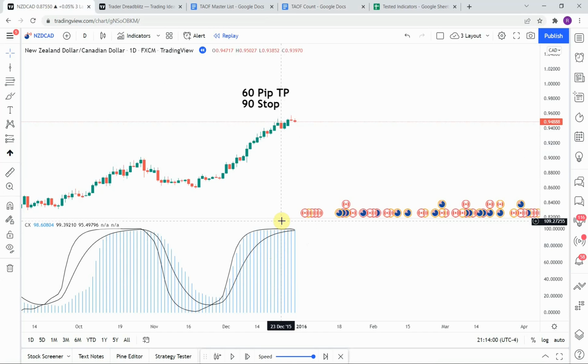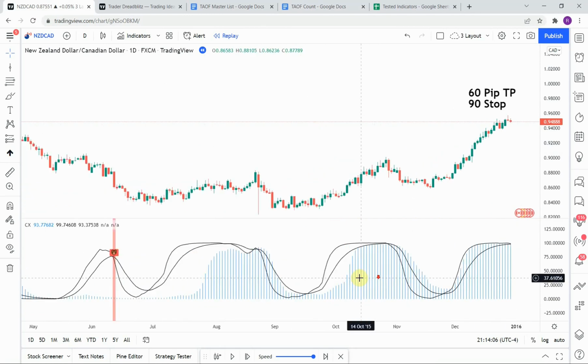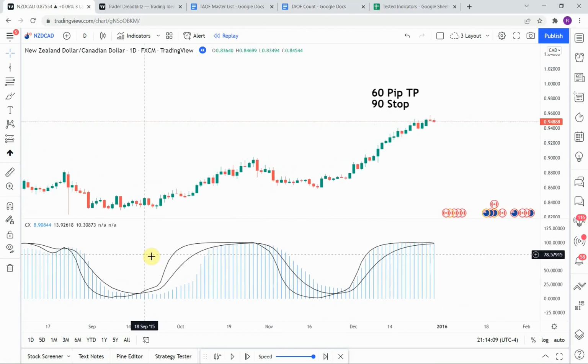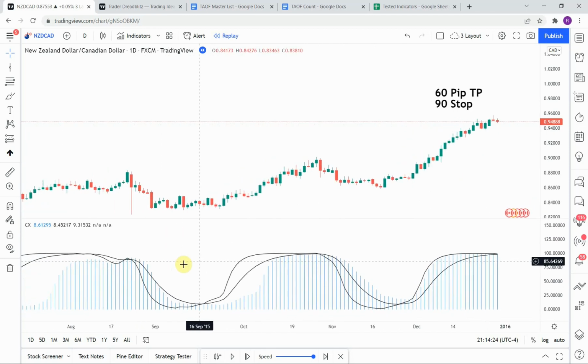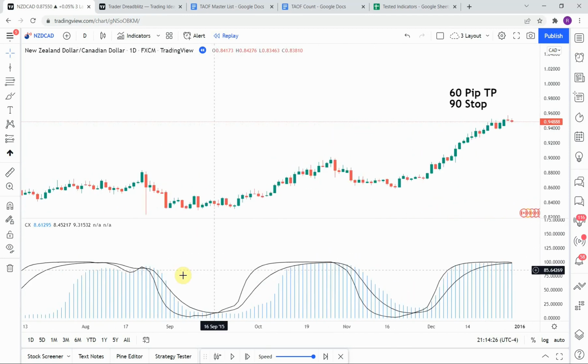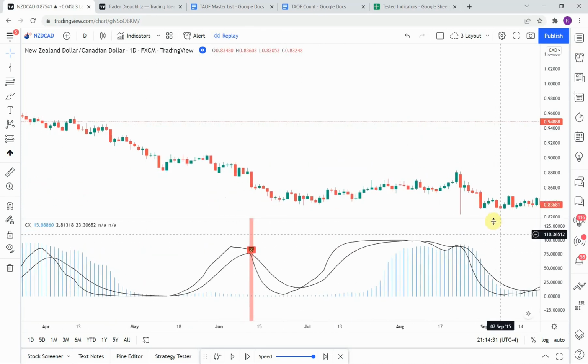Alright, so today's indicator is the Crack X indicator, and you can see it here at the bottom of the screen. Basically what we have is two indicators: the blue histogram-looking bar lines and the black oscillating lines. What we're looking for is the decorrelation between those two indicators.